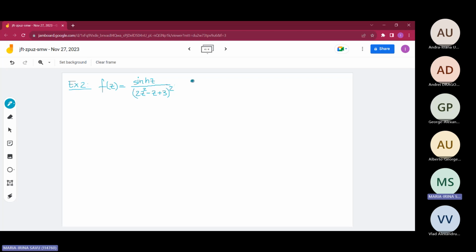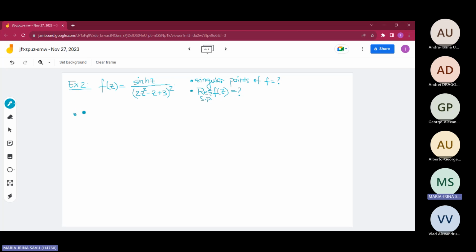Again, we have to find the singular points of f, and we have to compute the residue of the function at the singular points.